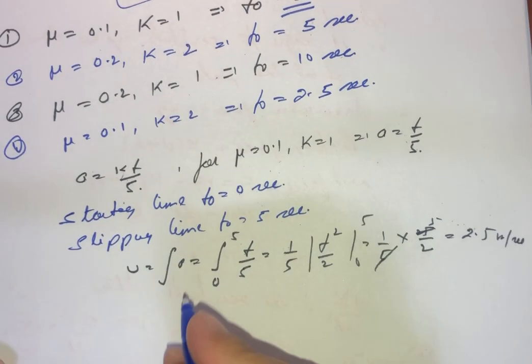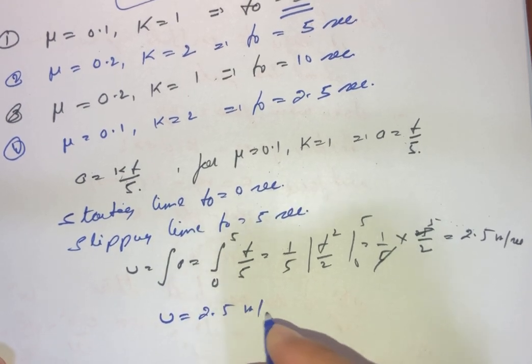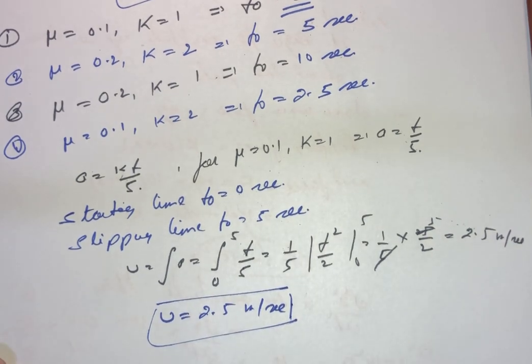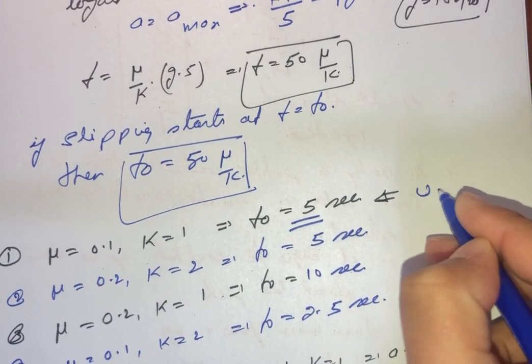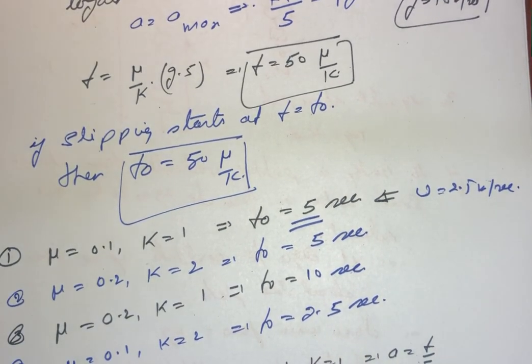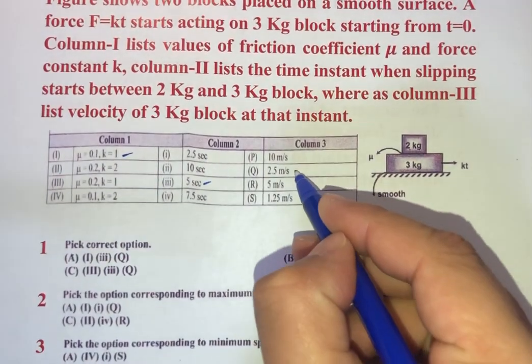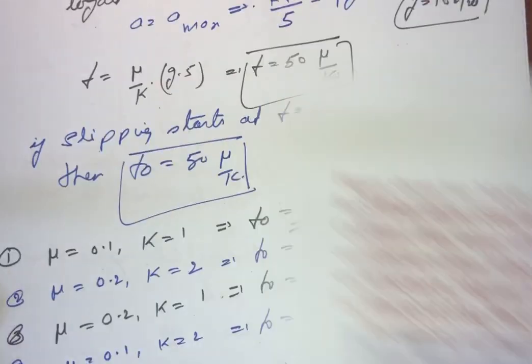So 2.5 meter per second is q, and option A is the correct option.